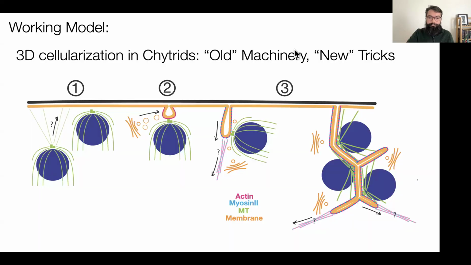So together, what we have is a working model of the cellularization in Chytrid fungi. And what we found is that Chytrids use a new mechanism to undergo three-dimensional cellularization, in which the old machinery of actomyosin that is used both by animals and yeast is deployed in a very different way to solve the problem of three-dimensional cellularization.